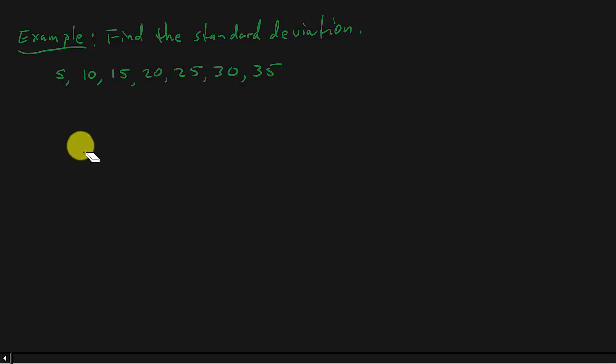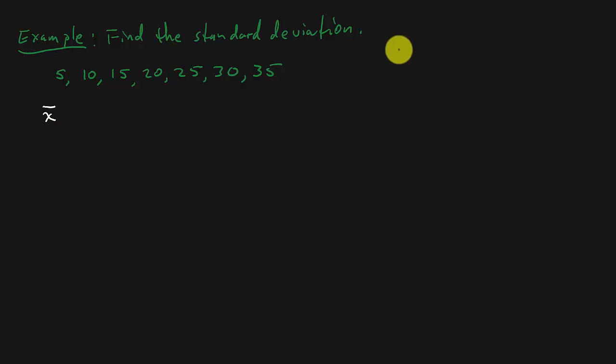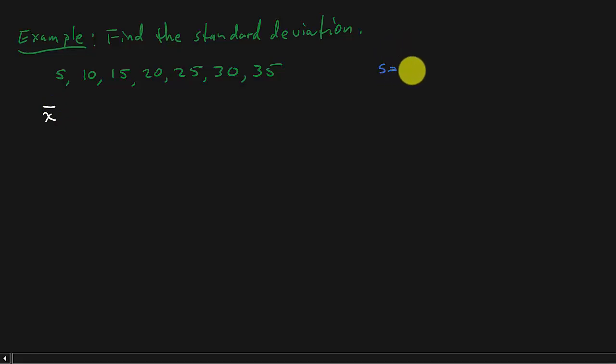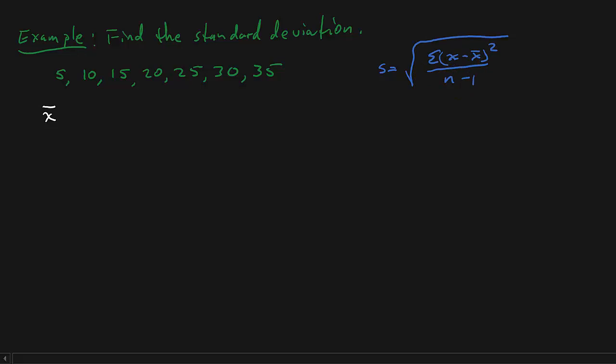Before we make the chart, let's find the mean first. So x bar, let me write the formula down again. So that's going to be S is equal to the square root of the sum of x minus x bar squared over n minus 1. So let's find x bar. That's the sum of x over n.